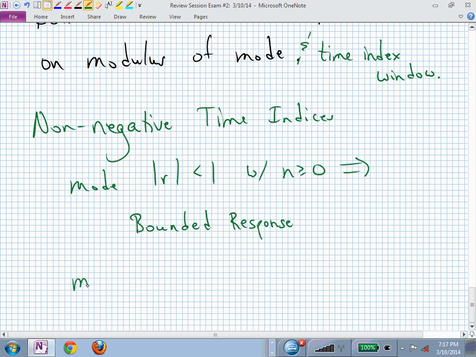If our region of convergence, let's say, was exterior to 4, we had a pole, let's say, at z equal 4, then we have 4 raised to a positive index. That's going to go crazy, isn't it, with increasing time?